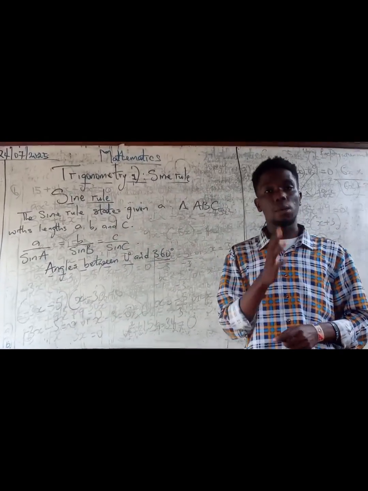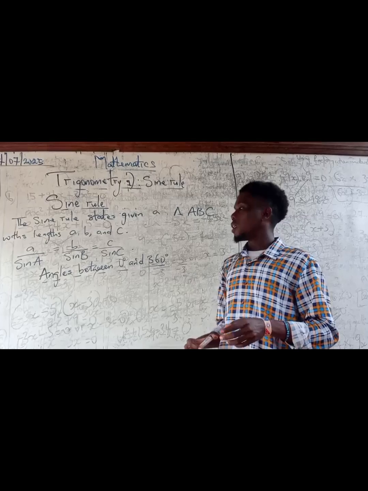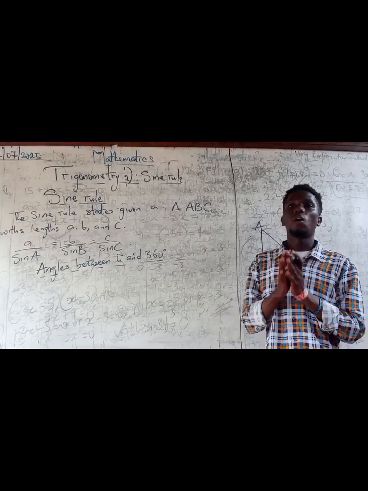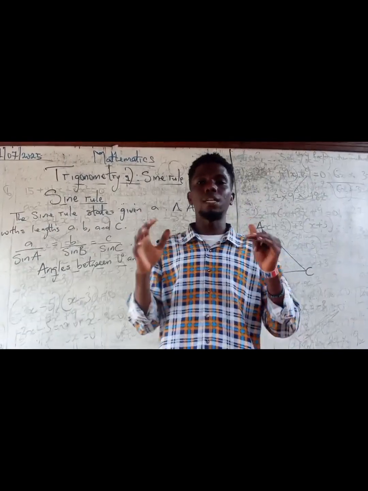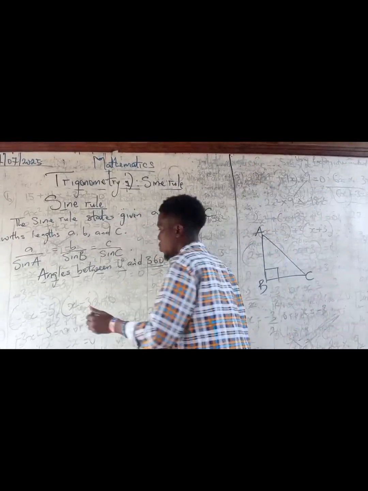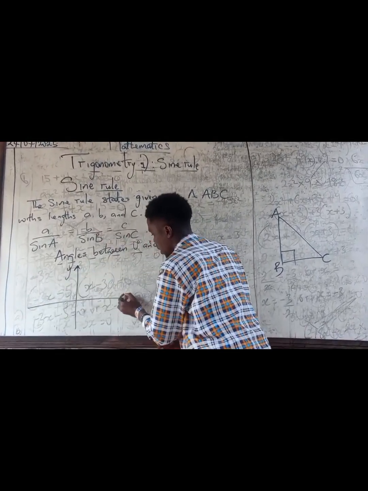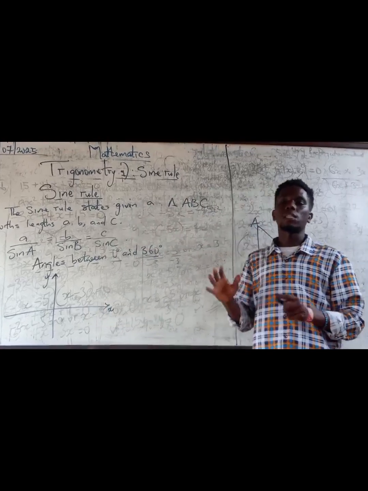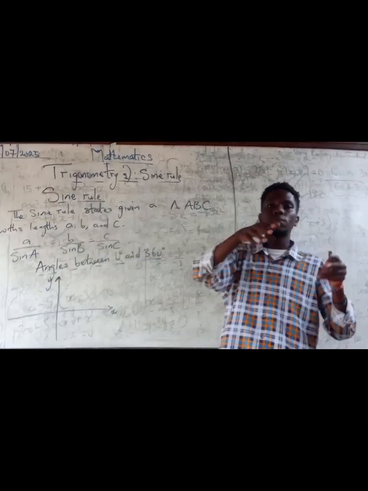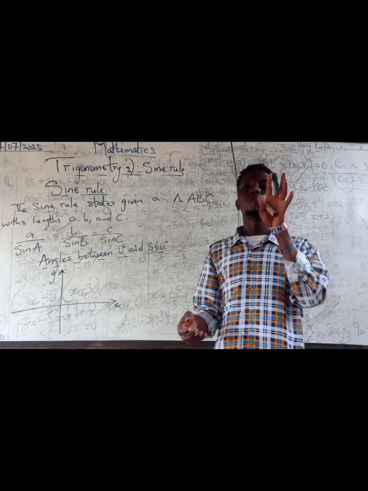Now, we want to quickly look at angles between 0 degrees and 360 degrees. To explain this so you can understand, a Cartesian plane is simply a graph where you have your x coordinate and your y coordinate. What a Cartesian plane does for us is divide these angles, that is the angles from 0 degrees to 360 degrees, into 4 quadrants.